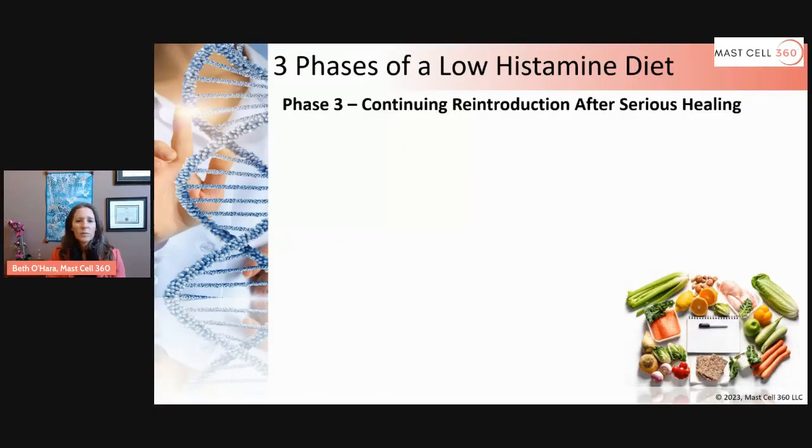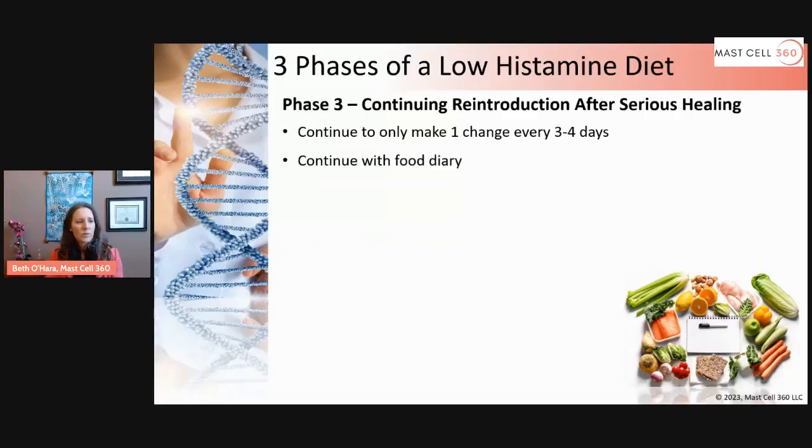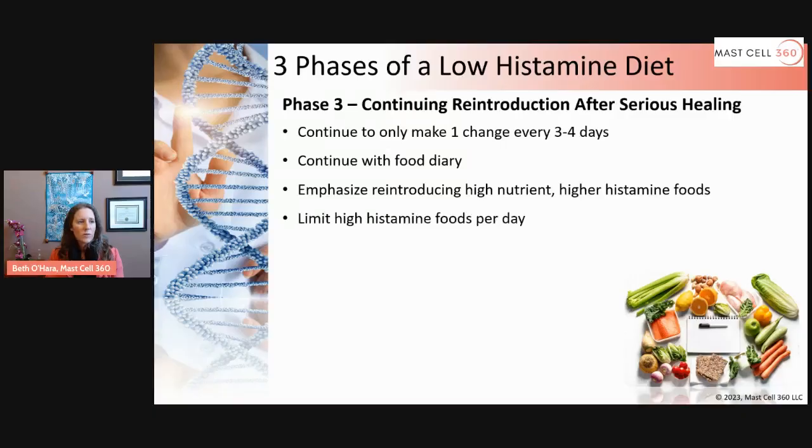Then, when you've had some serious healing and you're ready to go gung-ho, you keep giving yourself every 3 to 4 days for a change to make sure it's working. Continue with the food diary. Bring in those high nutrient, high histamine foods, but don't have too many high histamine foods per day. Even though I'm able to eat so many more things, you saw my higher histamine brunch.